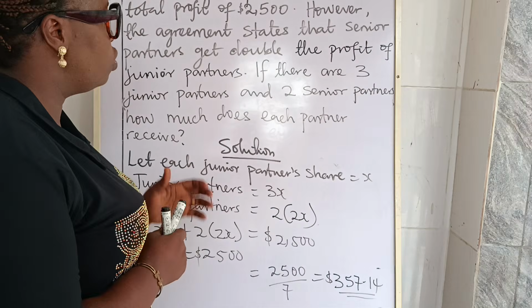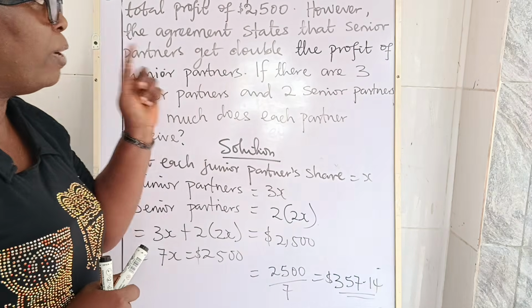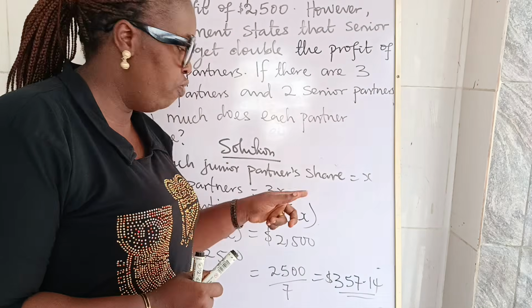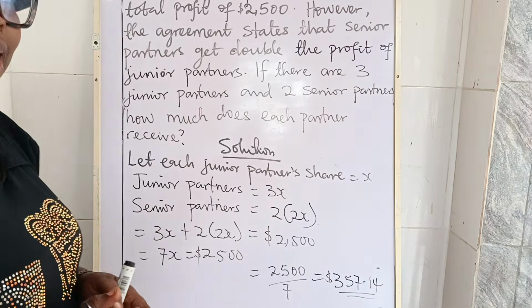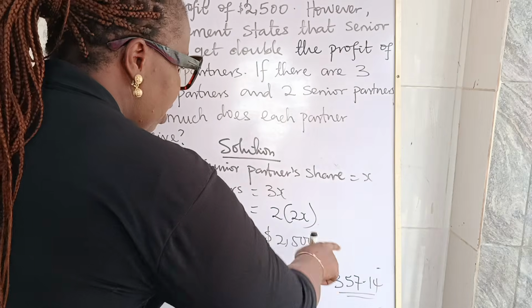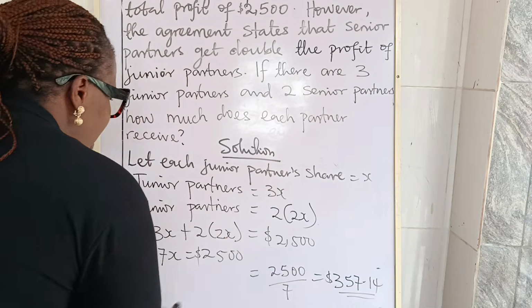And that question also says the senior partners should get double of what each person gets in the junior rank, right? So that means we're going to have this multiplied by 2.